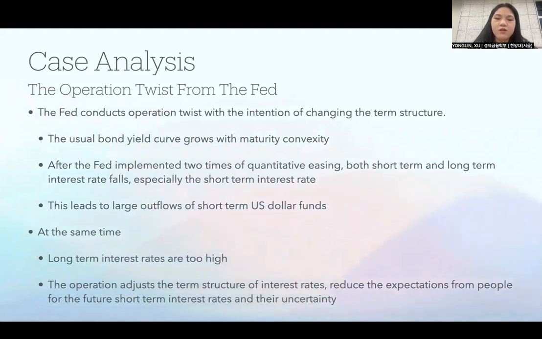And so the Fed planned to sell 400 billion US dollars of short-term and medium-term government bonds with remaining maturity of 3 years or less by June 2012, while purchasing the same amount of medium-term and long-term government bonds with remaining maturity of 6 to 30 years, which are the long-term ones.